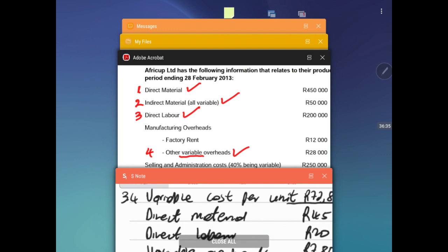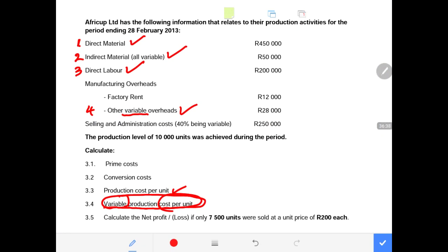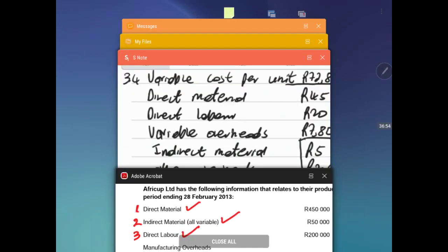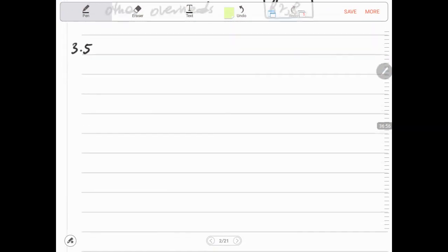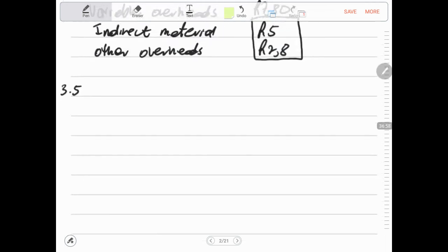Then we go to the next requirement, which is the last requirement. Calculate the net profit or loss if 7,500 units were sold at a unit cost of 200. Now we are calculating just the net profit, straightforward, as it will be done on the accounting side.